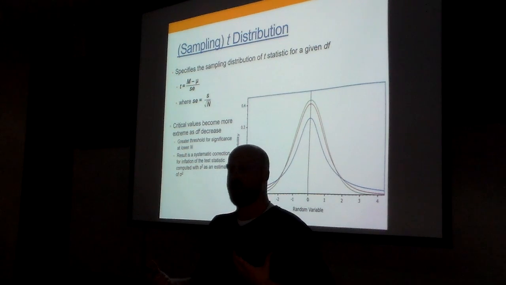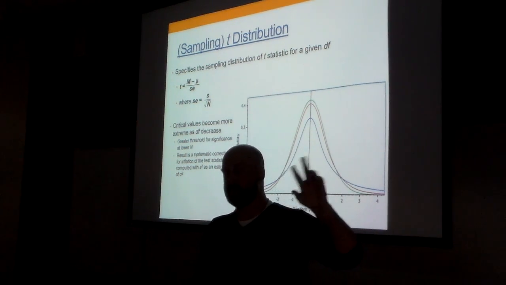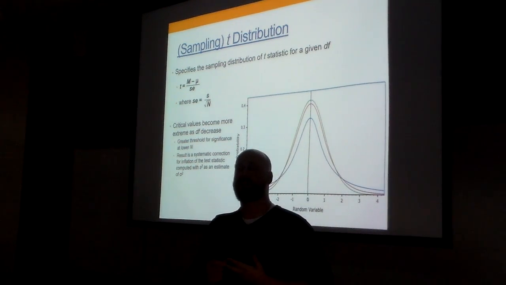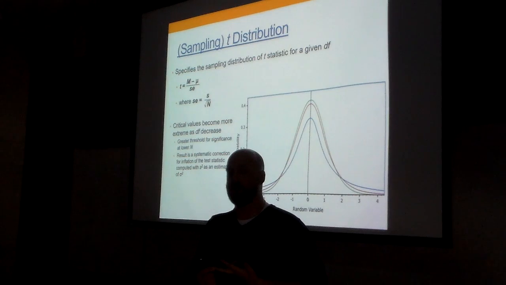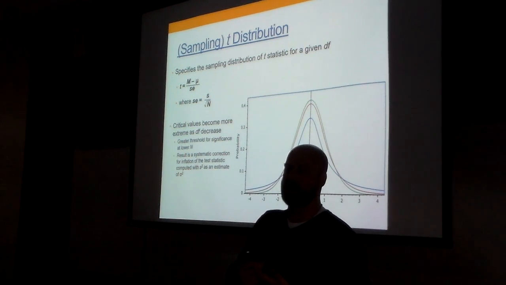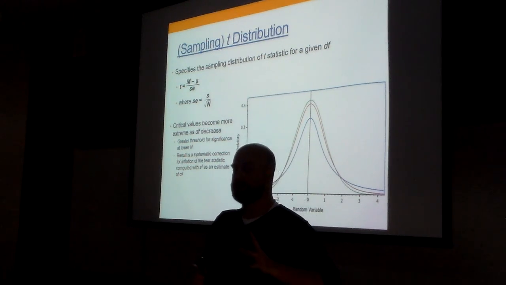But this is real life. I don't know what the population standard deviation is. I also don't know what the population mean is most of the time, but we'll get into that. If I don't know the population variance, I can use my sample variance as an estimate, but the sampling distribution of my sample variance is skewed, so we've got some problems here.